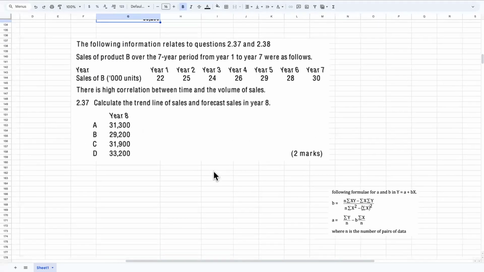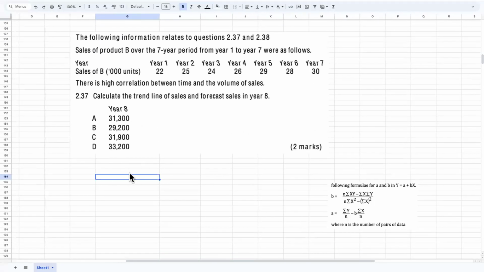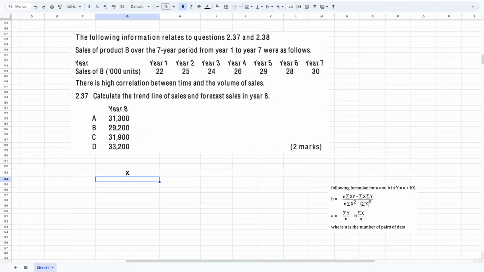This is 2.37. So we can have the X value, Y value, XY, and as I told you, X squared. We take years as X values because we are going to forecast the actual sales in year 8. So the sales is the Y value, the forecasting value.